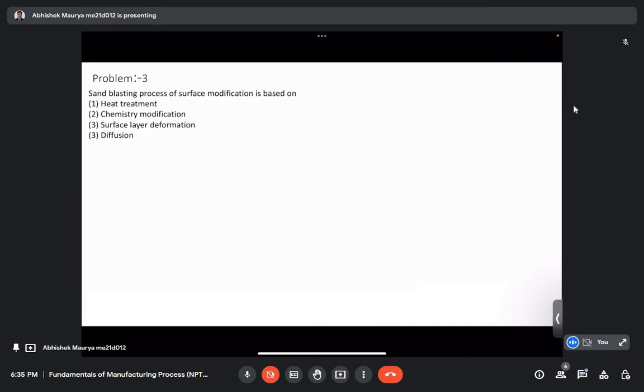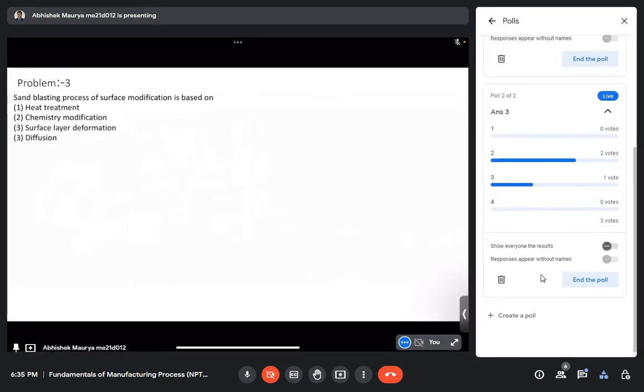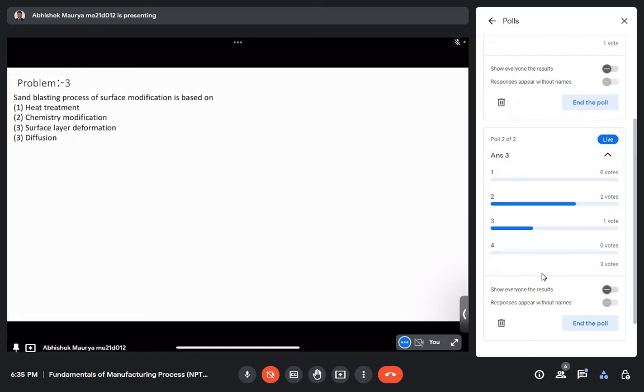Sir, I'm not able to click this response. It is not accepting. I clicked point 3, surface layer deformation, then I clicked vote, but it is just processing.